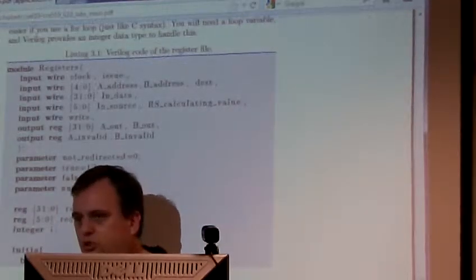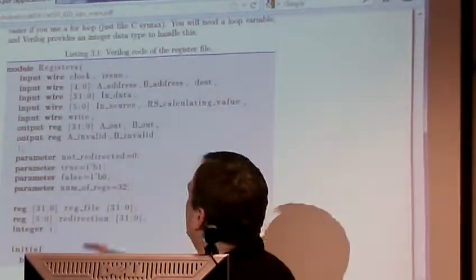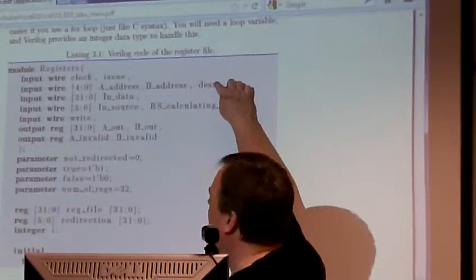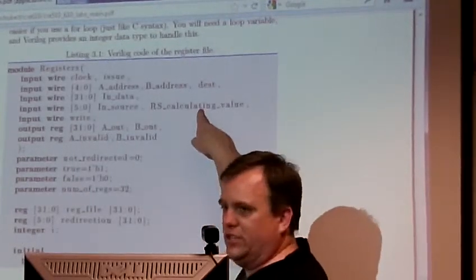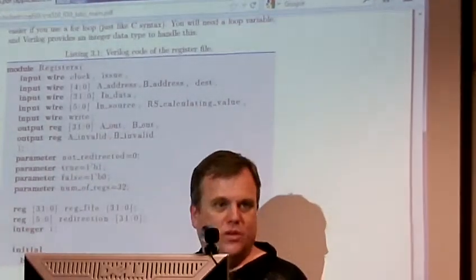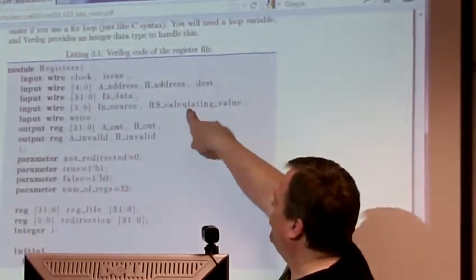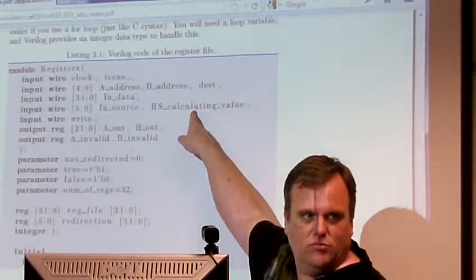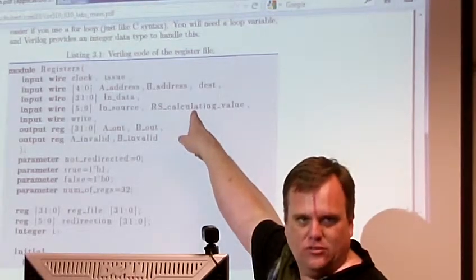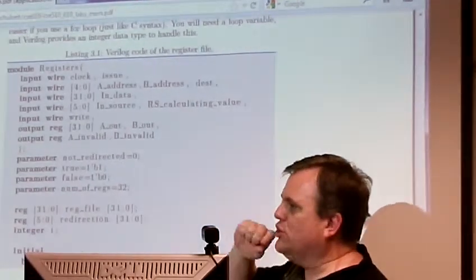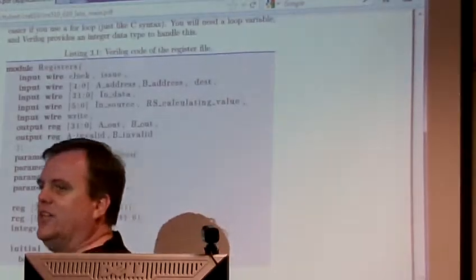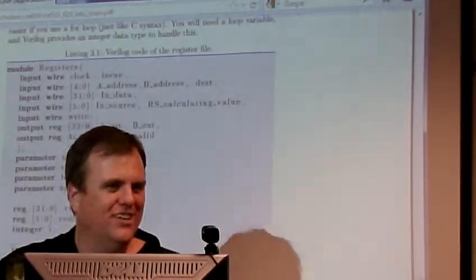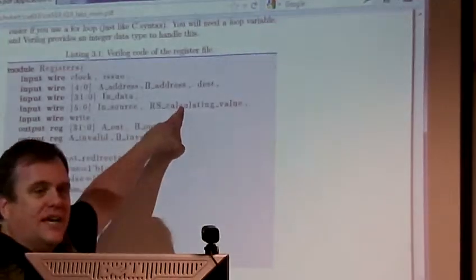We have 32 registers. This tells me which register needs its value calculated. This one says this is the reservation station to do the work. So this register will wait for this reservation station to produce its result. Does that make sense? So this is why it was so crucial that you said not only that I'm available, but who's available, because the who's available is what's going to connect over to here.